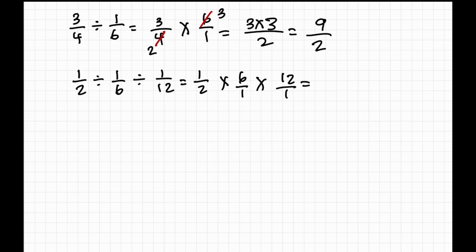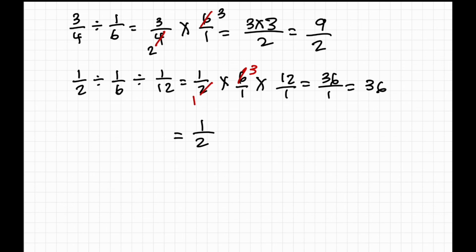So let's do 6 and 2 first. So 6 and 2 are both divisible by 2, like you said. 6 divided by 2 is 3. And 2 divided by 2 is 1. So we would do 3 times 12, which is 36, and over 1, which is just 36.